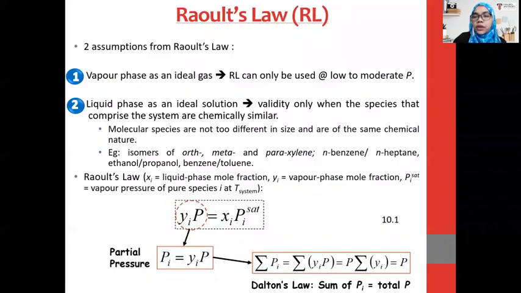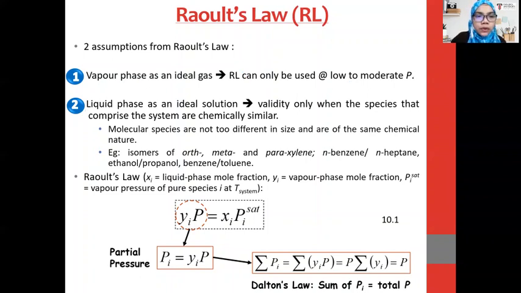In proceeding with Raoult's law, there are two assumptions that we should consider. For the vapor phase, we consider it an ideal gas, so Raoult's law can only be used at low to moderate pressure.